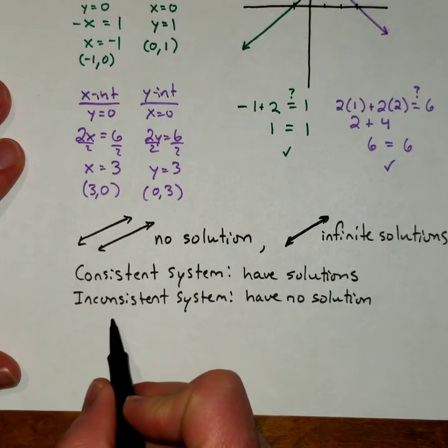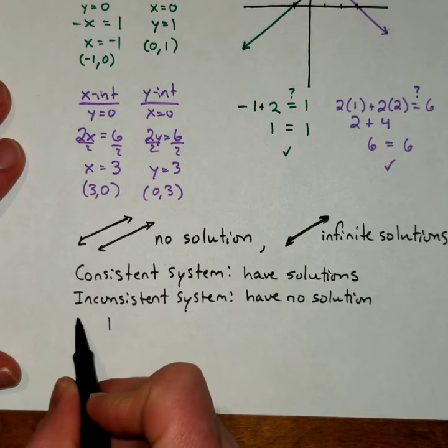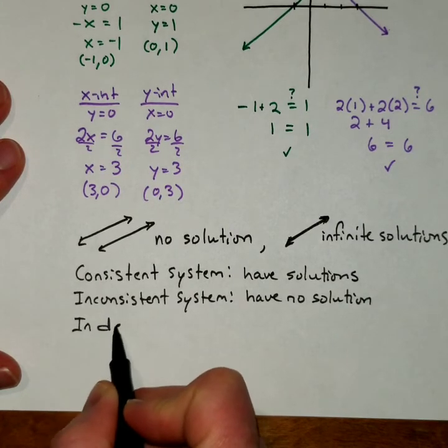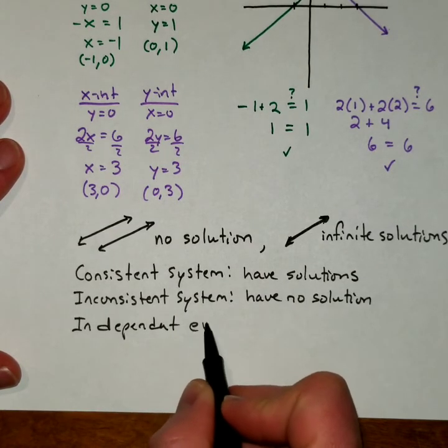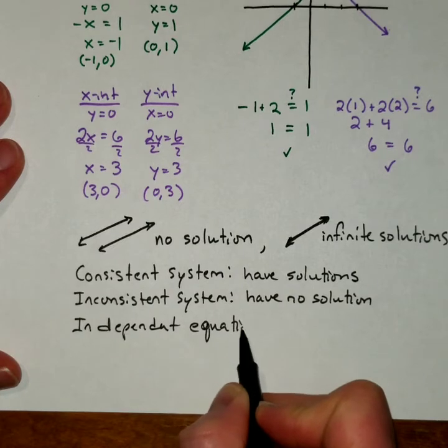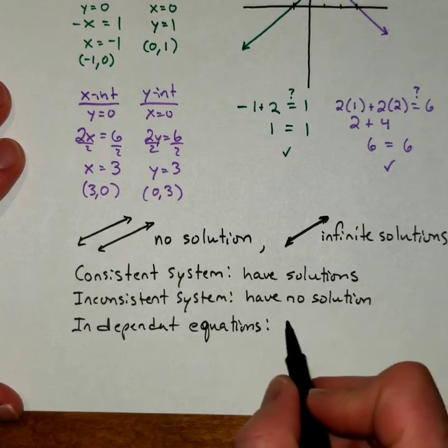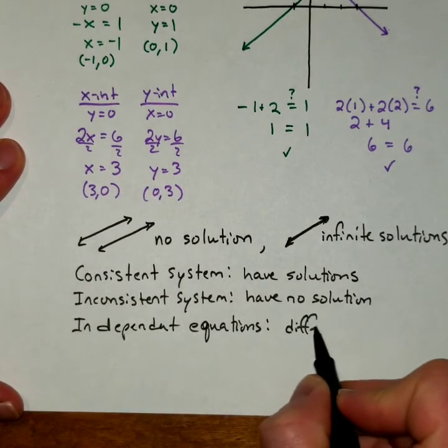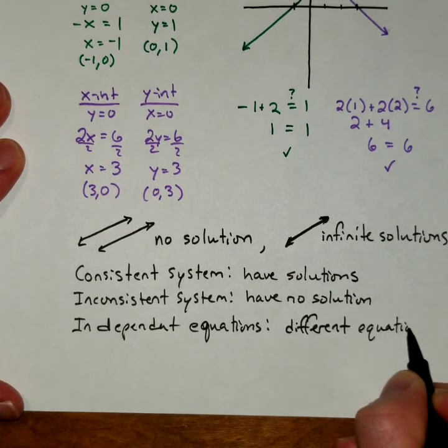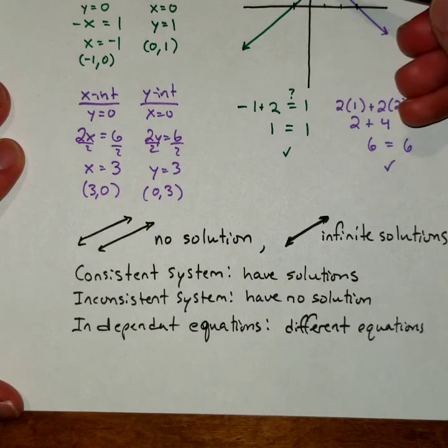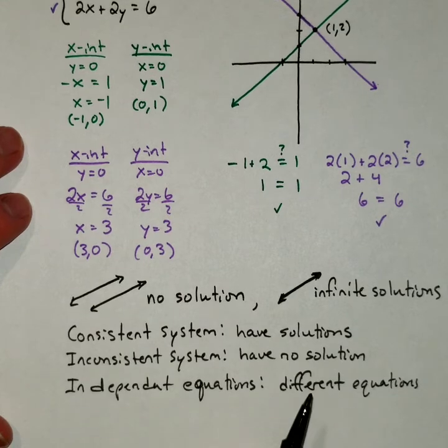They're called the independent equations. Independent equations are basically two different equations. Okay, that would be this first case. So this first case here with one solution is a consistent system with independent equations.